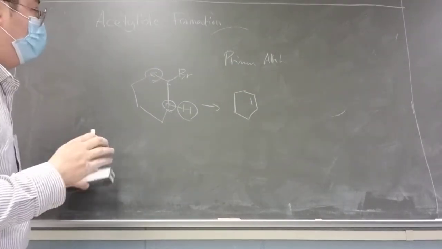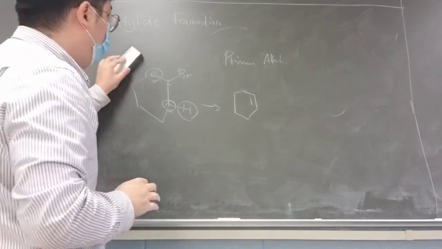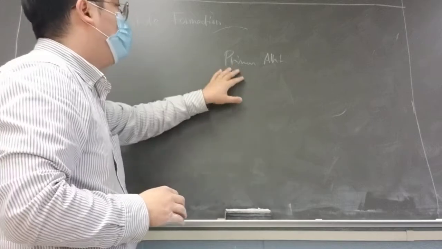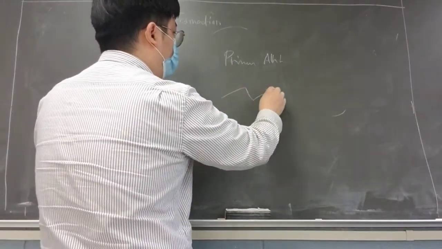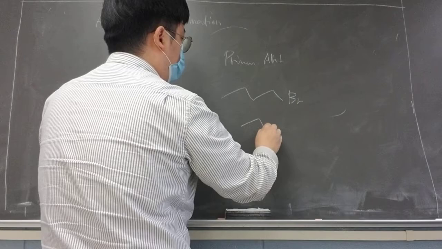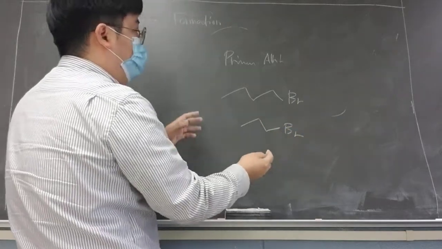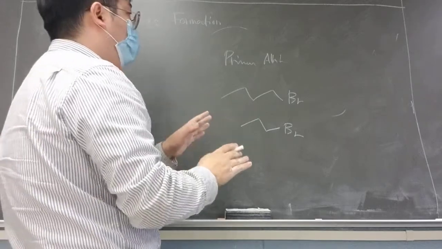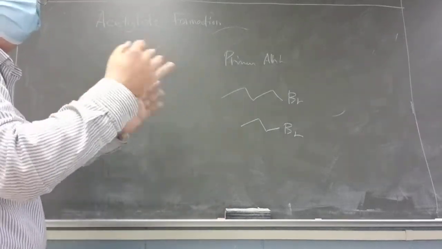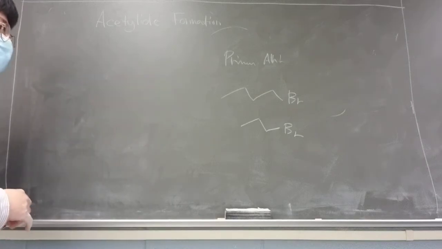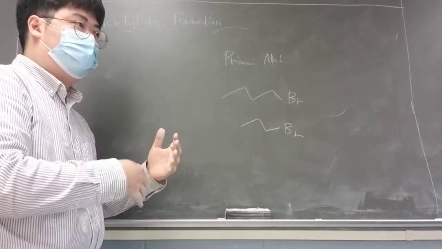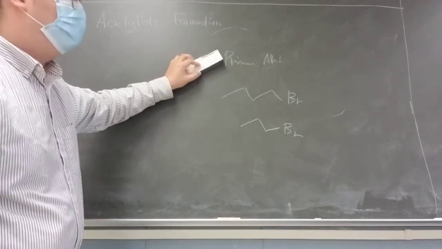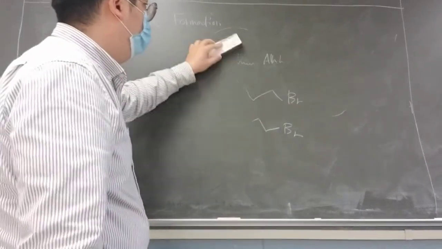Just remember it is only possible to attach to a primary one, a linear form like here. Secondary or tertiary will not work in the alkylation of alkynes, because we just make an alkene instead of putting the alkyl group there.